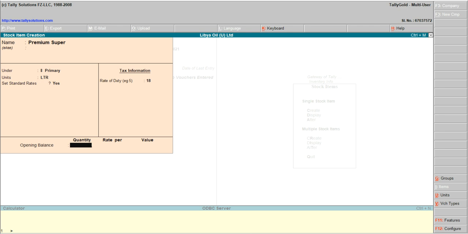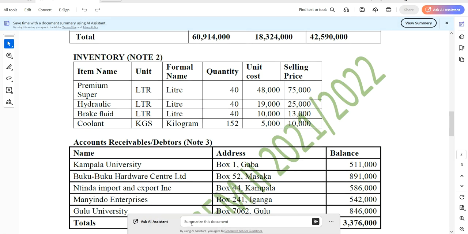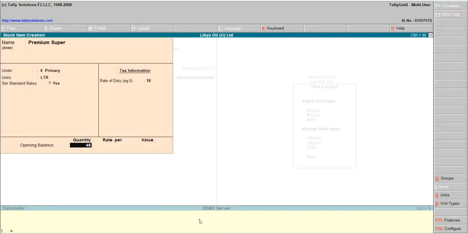Then the quantity for premium super is 40. Cost of 48. Inventories are measured at the lower of cost and the net realizable value.